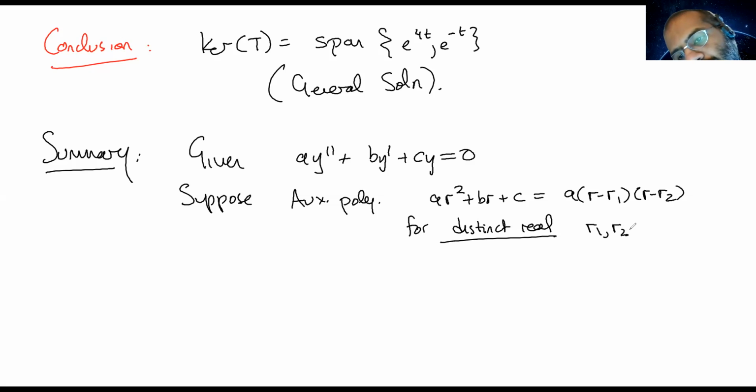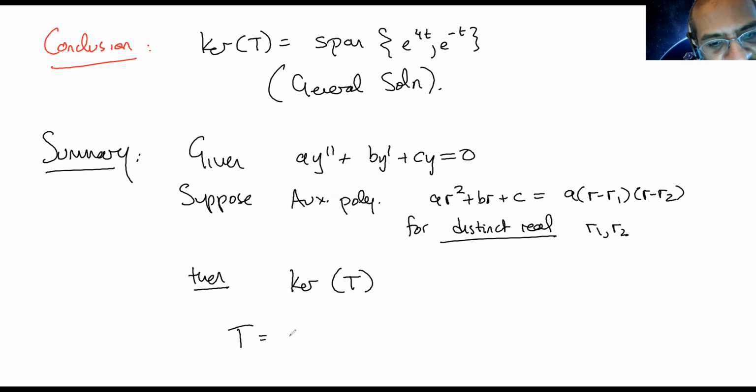So in our case, those were 4 and minus 1. Then the kernel of T, where T is a D squared plus b D plus c times identity, is equal to the span of exponentials with these exponents.